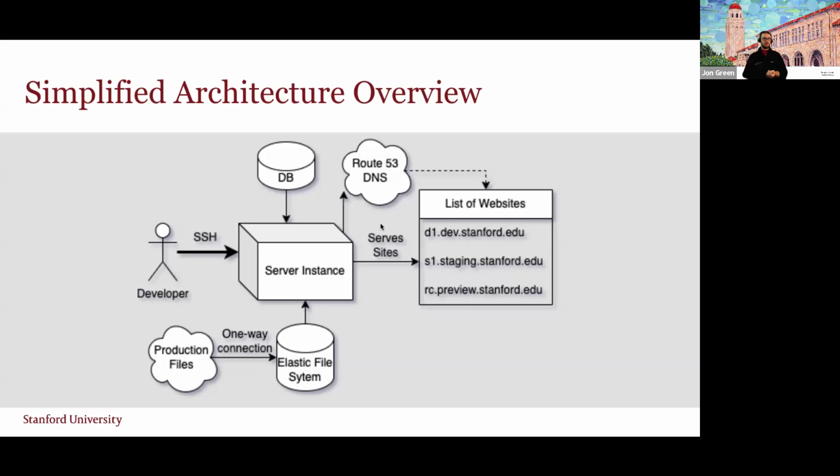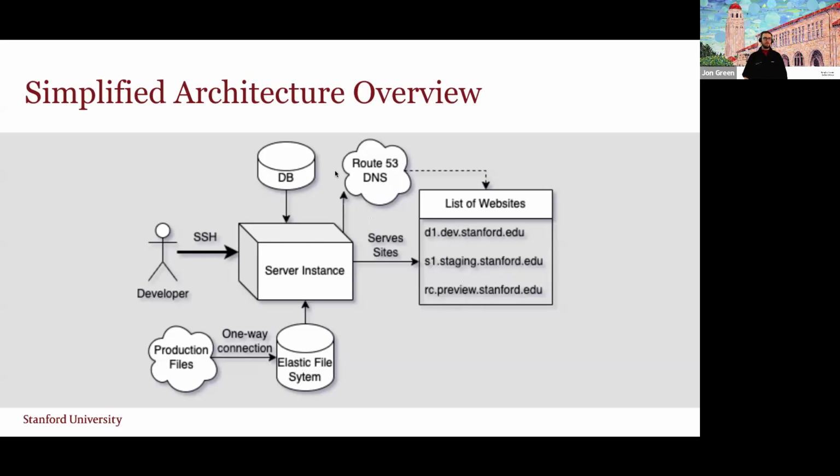What those scripts allow the developers to do is create as many development websites as they want. So we have this list of websites here. These aren't real URLs, but the idea is we have a bunch of subdomains, and we have subdomains on those subdomains.